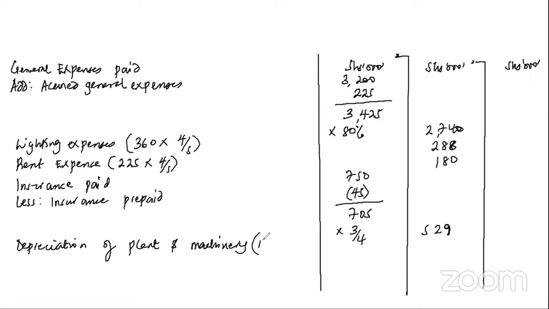So I'll get my depreciation rate, which is 15%, times the cost of the plant and machinery, which is 57,300. And this gives us around 8,595.